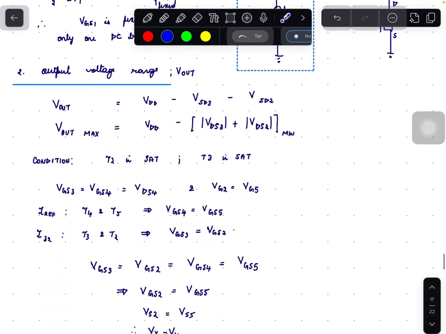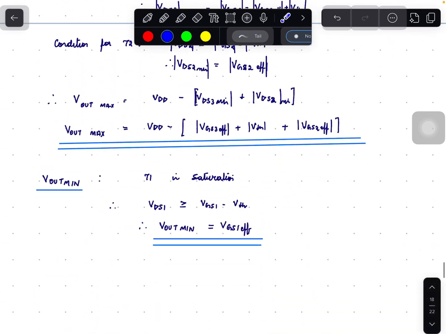So Vout maximum is given by VDD minus VGS3. Here VGS3 is written as VGS3 effective plus VTH plus VGS2 effective, that is the minimum voltage VDS2 required for the transistor T2 to be in saturation.